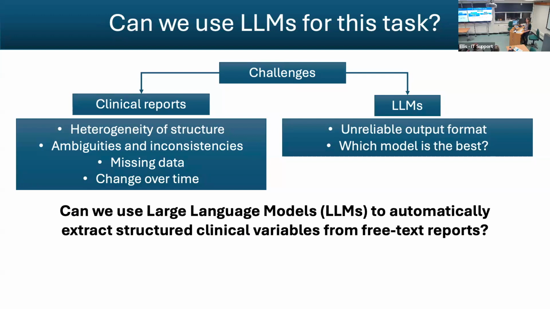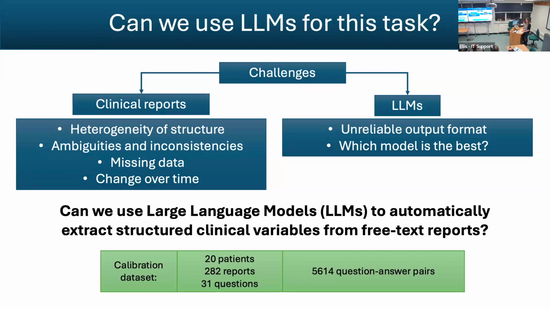Can we use large language models to automatically extract clinical variables from free text reports? Can we go from free text reports into an Excel spreadsheet and actually trust those results? And we're going to answer this question using a smaller calibration data set. This calibration data set has only 20 patients, but actually nearly 300 reports, and 31 questions about clinical variables that we're interested in, in a chronic liver disease context.